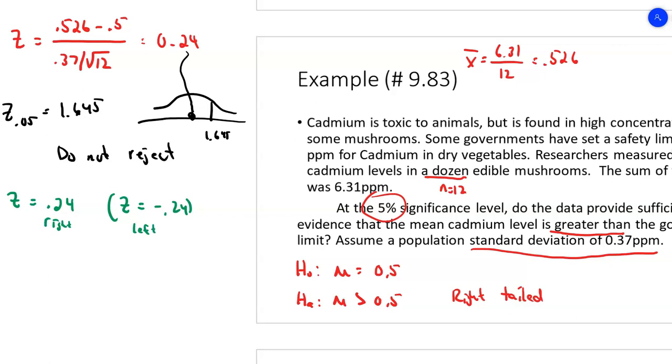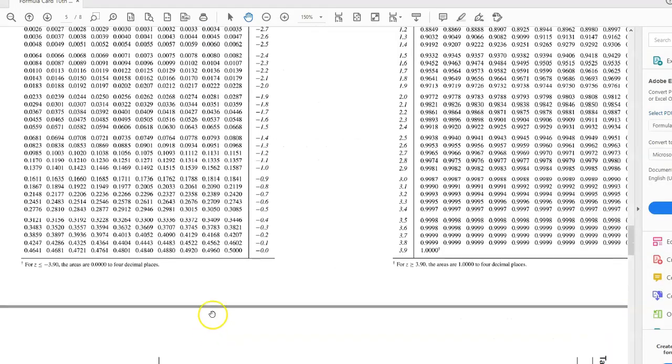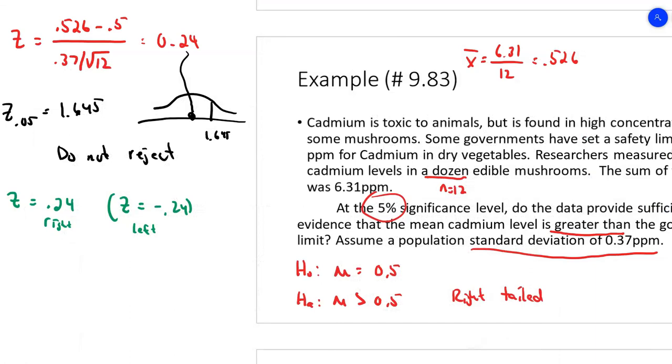And since the table gives it to me as area to the left, I'm going to be cheap and go to the negative 0.24. 0, 1, 2, 3, 4, 0.4052. Well, that is way above what I'm willing to accept. So that P is way bigger than alpha. Do not reject.